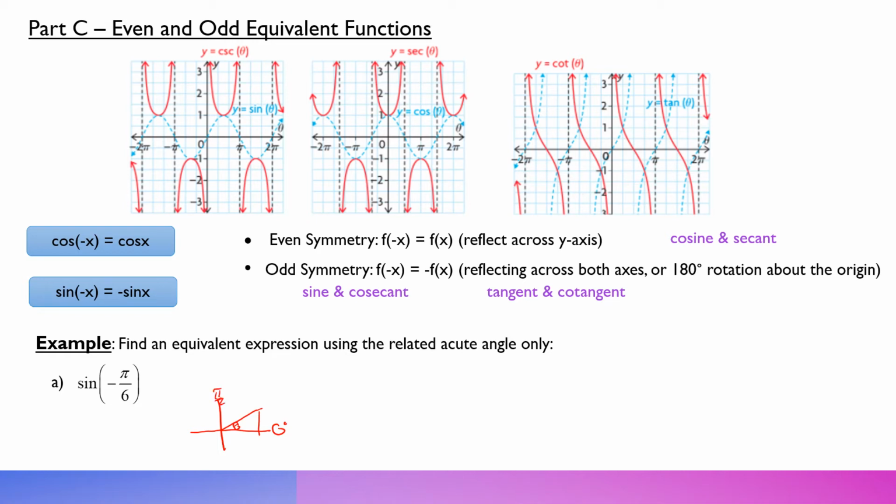So that's acute. And sometimes we pick up the acute and we put it in different quadrants. So the acute of negative pi over 6 is just pi over 6. So the question is telling us we can just use that acute angle of the pi over 6. Right?